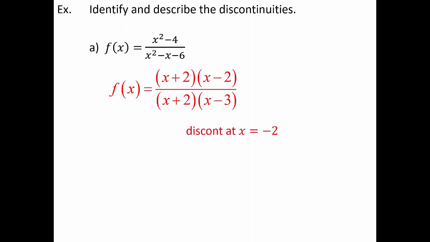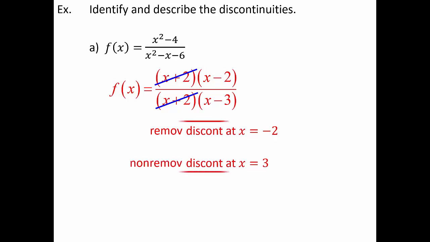So my domain restrictions or my discontinuities are at x equals -2 and x equals 3. The factor that cancels is removable, so x equals -2 is a removable discontinuity, and the factor that does not cancel is non-removable. Final answer. Remember, x minus 2 is neither removable nor non-removable because it is not a discontinuity, it's on the top.